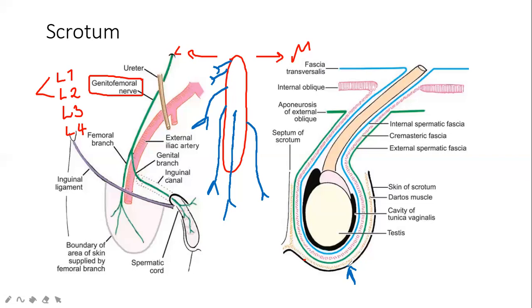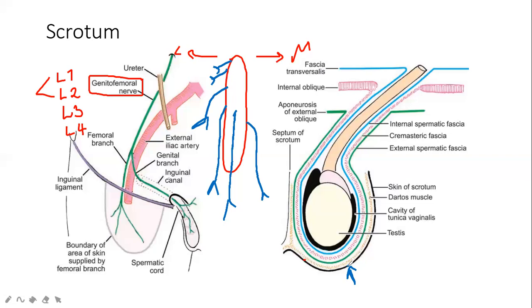Wait, within the superficial fascia, do we find fat or a muscle? Oh, it's a muscle. Yes, the dartos muscle replaces the fatty layer of the superficial fascia. So it's called the dartos fascia, right?